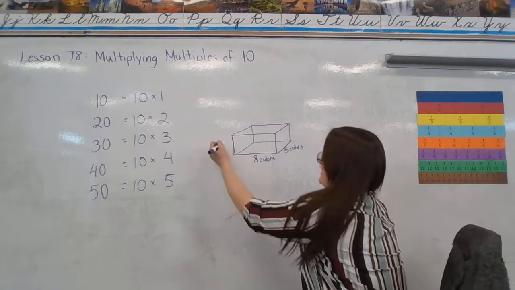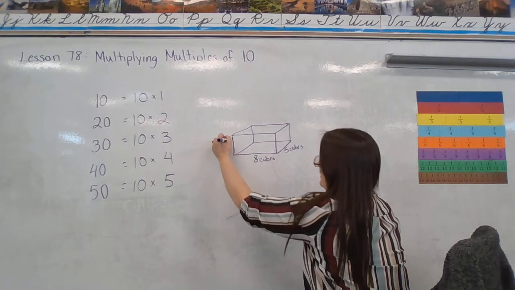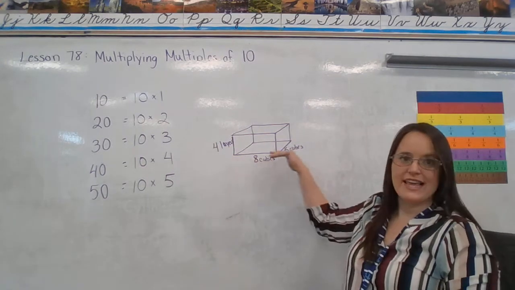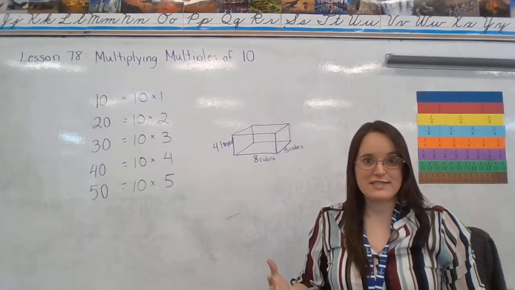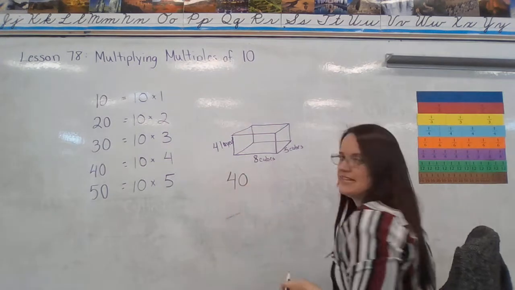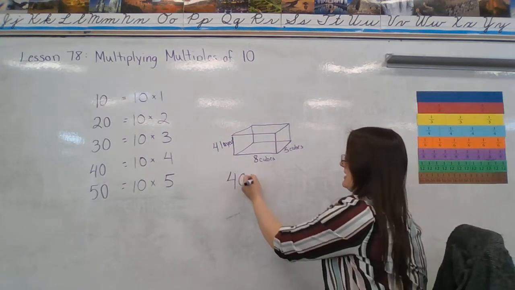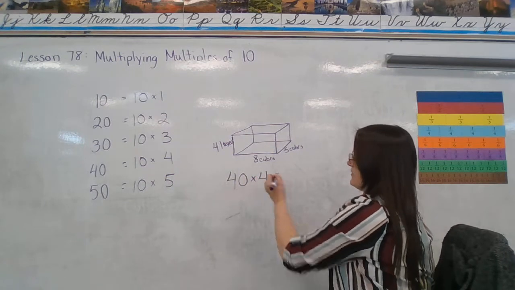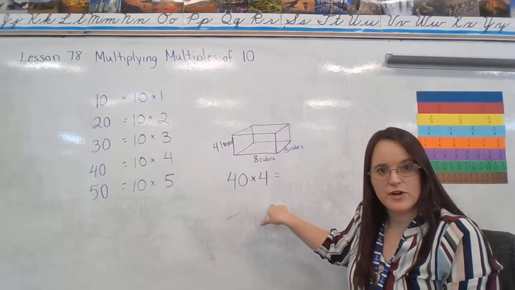And then it is 4 layers tall. Okay, so our length is 8. Our width is 5, and they actually did this math for us. They said there are 40 cubes in each layer. How many cubes are going to be in 4 layers? So we need to do 40 times 4.